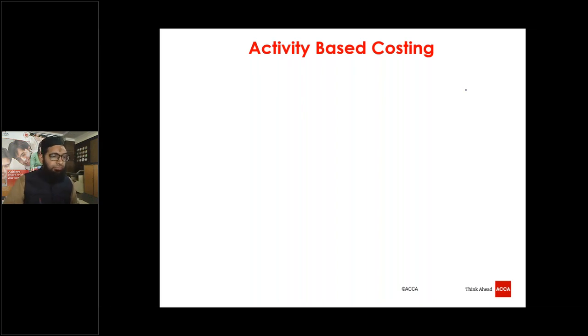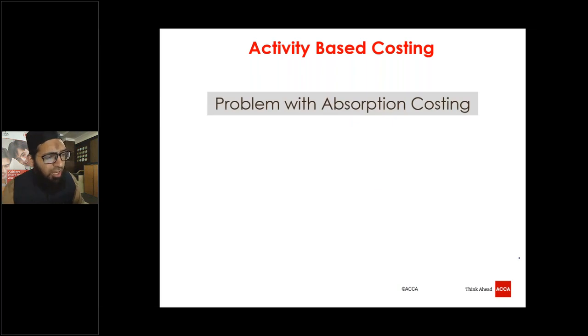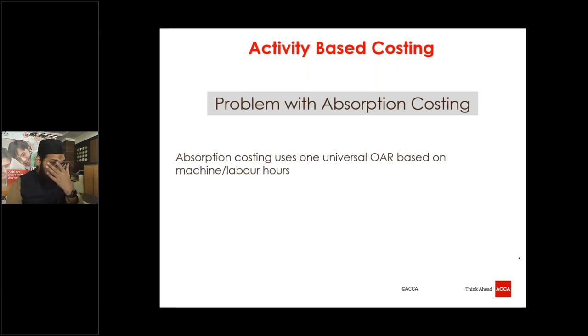Now, the activity-based costing. To start, what is the problem with absorption costing? The problem with absorption costing is that it uses one universal OAR based on machine or labor hours. So we calculate the total overheads and charge them to the product based on one basis, either the labor hours or sometimes the machine hours.